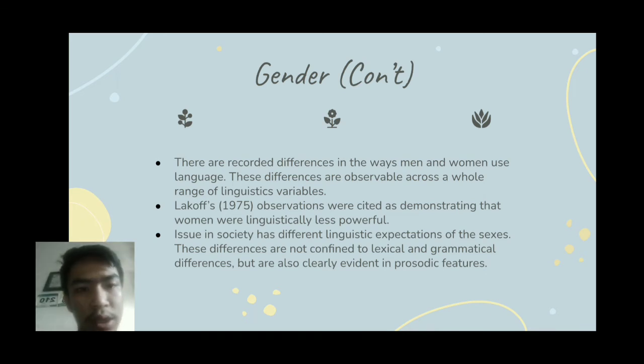Societies have different linguistic expectations of the sexes. These differences are not confined to lexical and grammatical differences, but are also clearly evident in prosodic features.